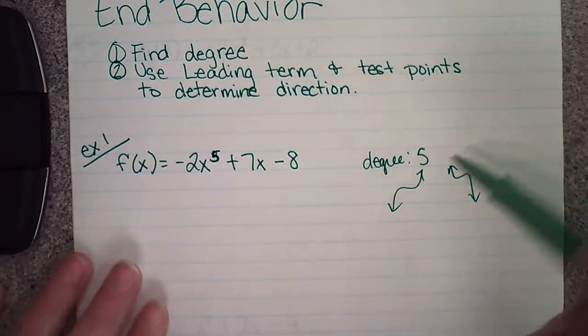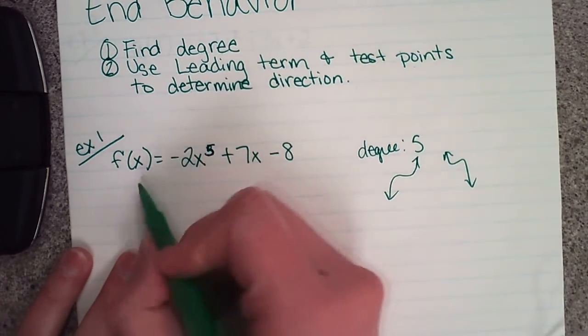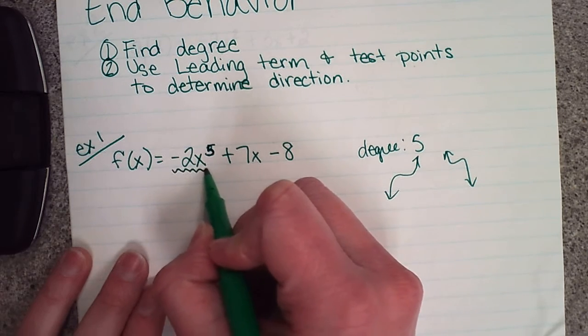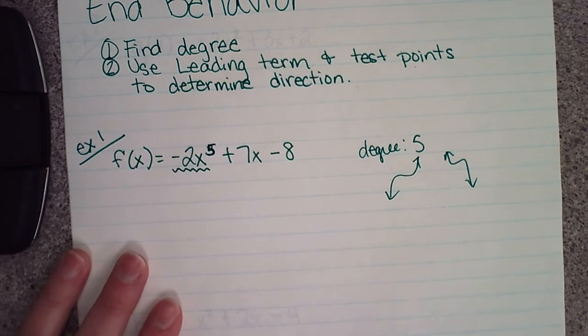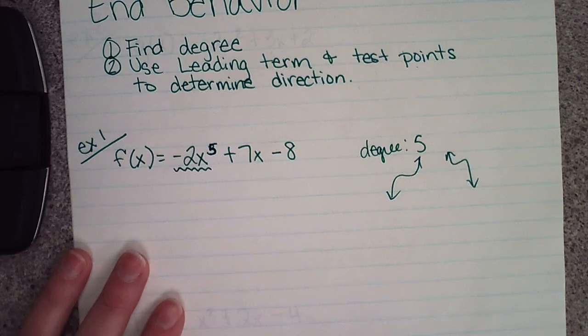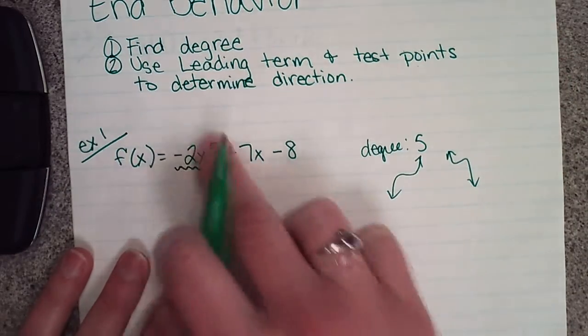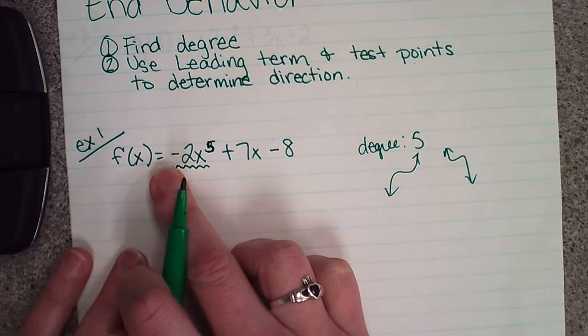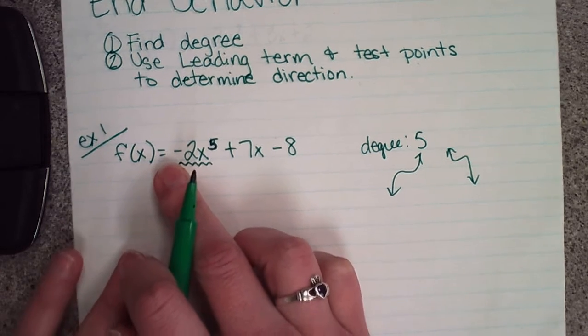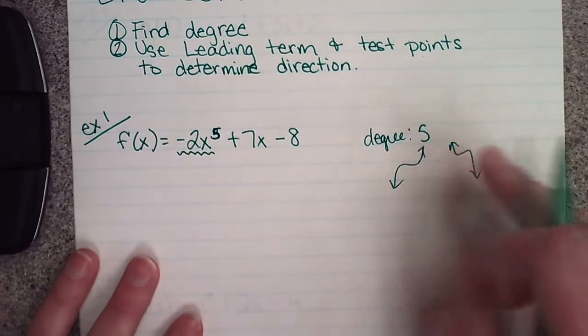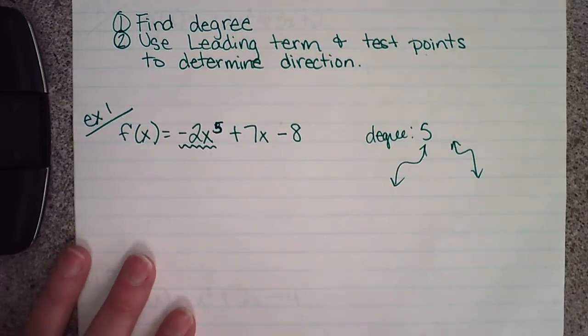So what we're going to do is look at our leading term, which is this negative 2 times x to the fifth. We're going to do some test points. We're going to choose one positive value and one negative value and plug it in just to that leading term, and it's going to show us which direction our graph is going to go, both in the positive direction for x and the negative direction.